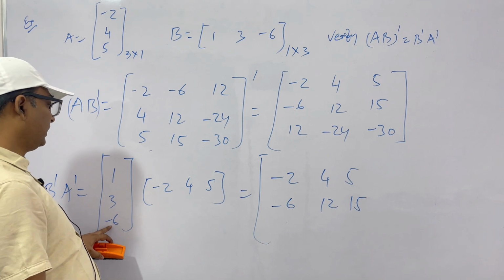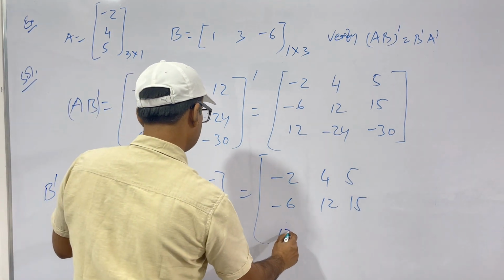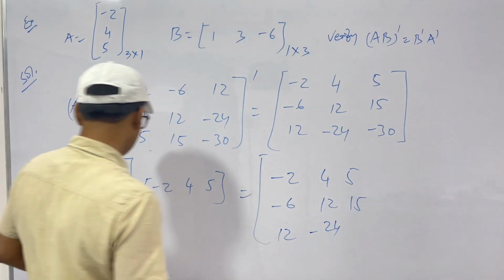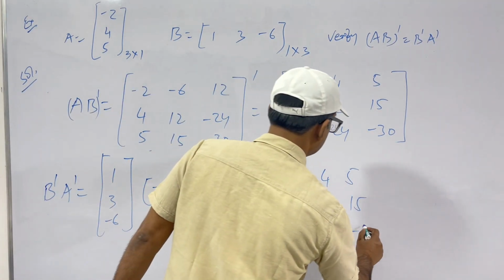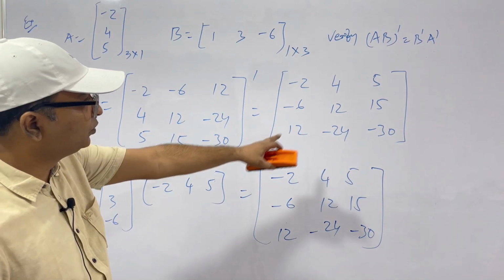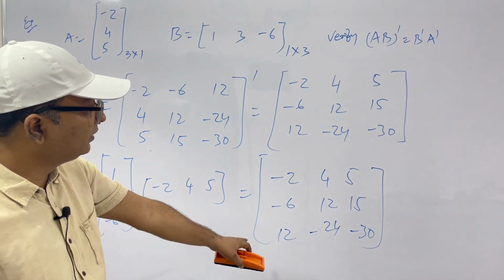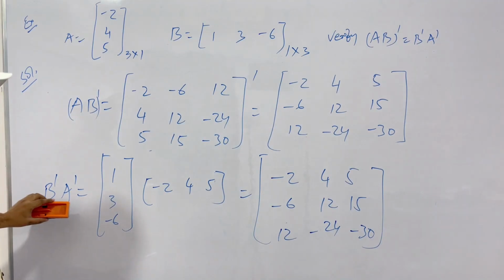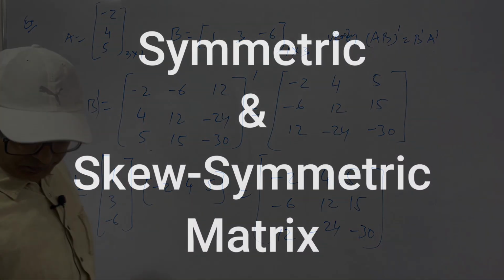Then multiplied by -6, so this is 12, -24, -30. These two are equal, you can see: -2, 4, 5; -6, 12, 15; 12, -24, -30. Therefore, (AB)' is equal to B'A', verified.